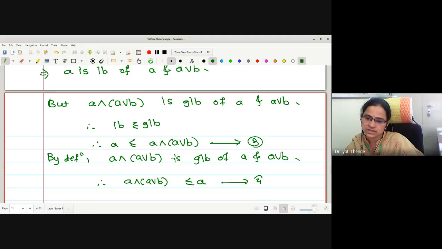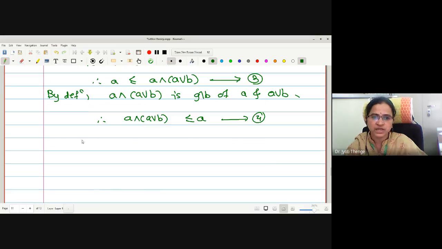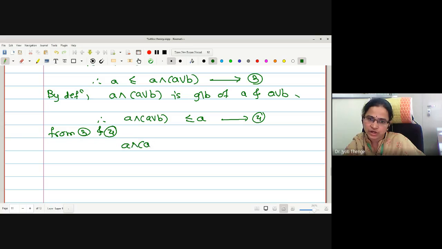Let me call this statement number 4. And from 3 and 4, the equation holds. From 3 and 4, A meet (A join B) is equal to A.